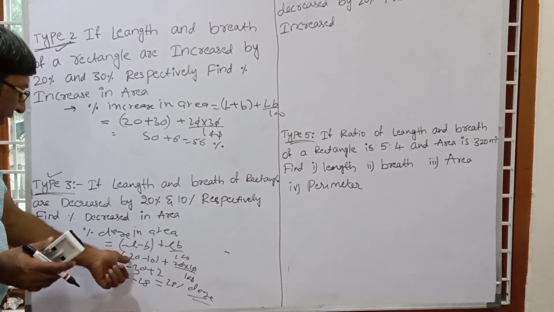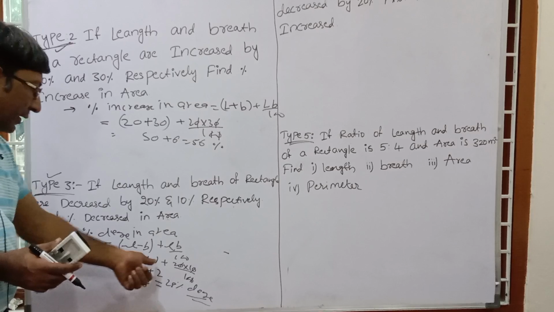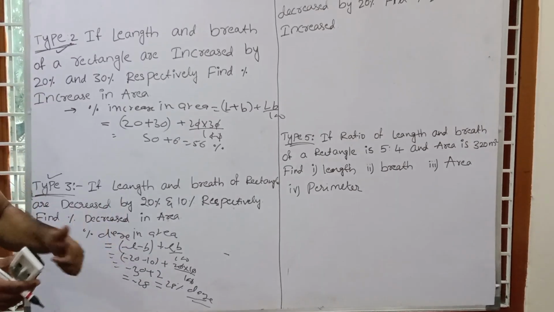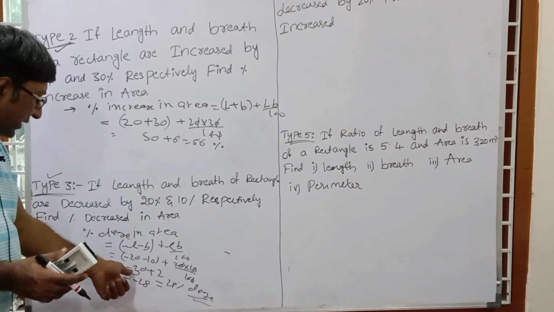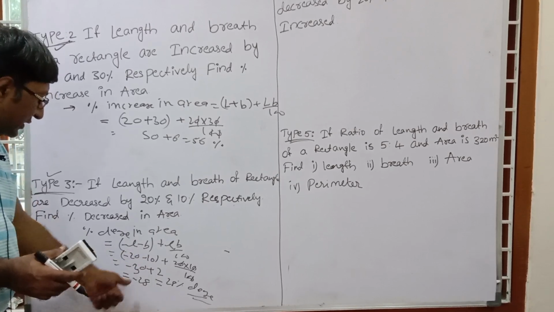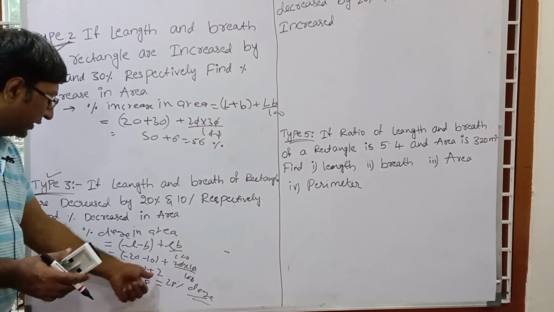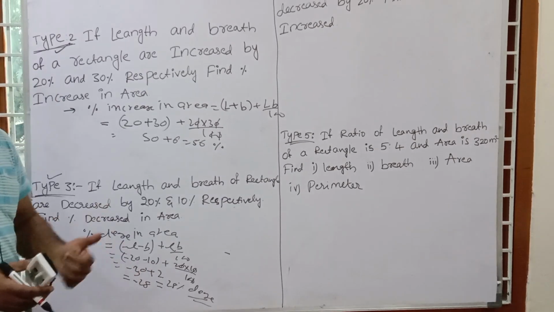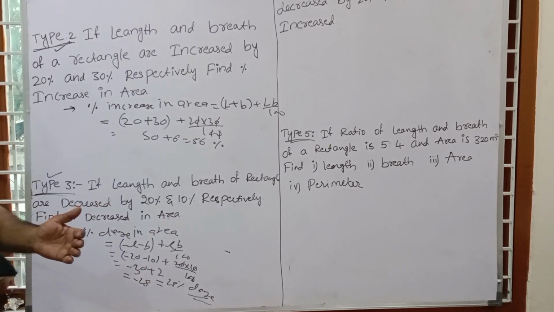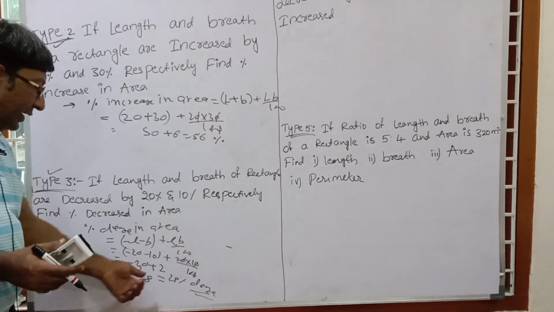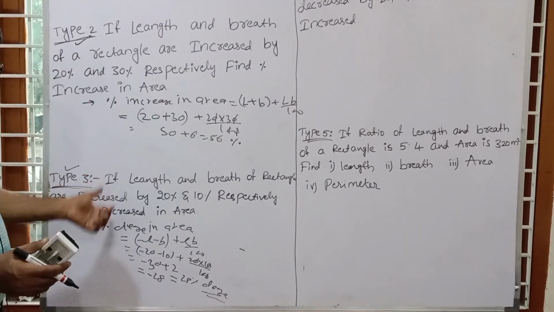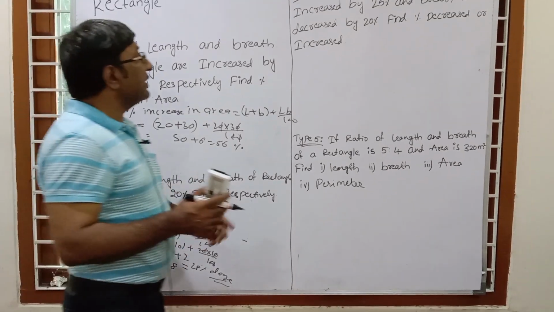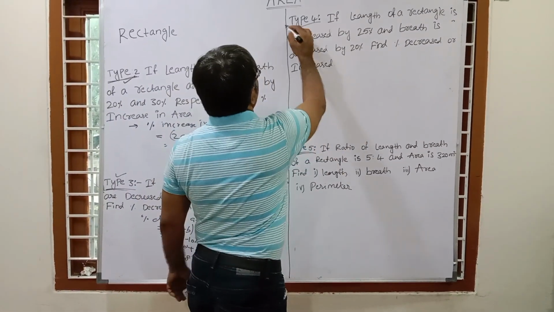So this is minus 20 minus 10 plus 20 into 10 by 100. So this is minus 30 plus 2, that is minus 28. This minus shows that the area is decreasing. So you can write 28% decrease in area. This is the most important question. Now you see type number 4 question.